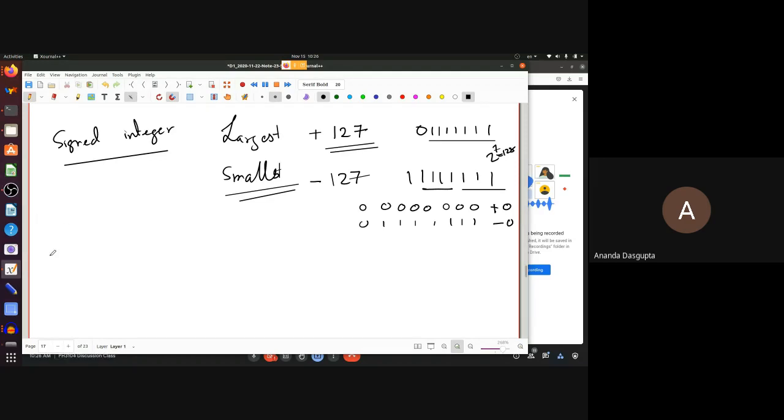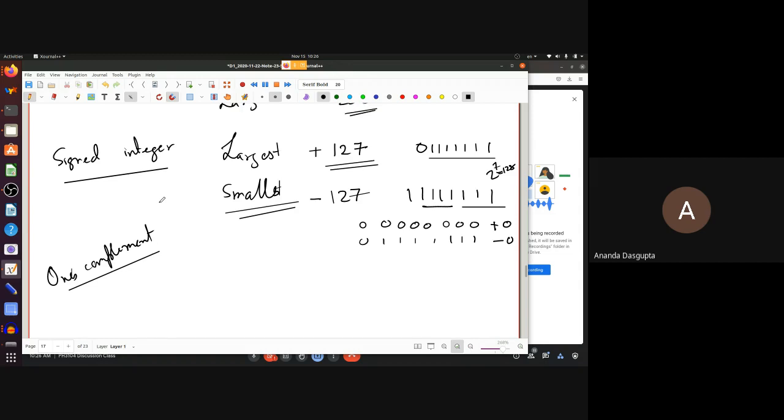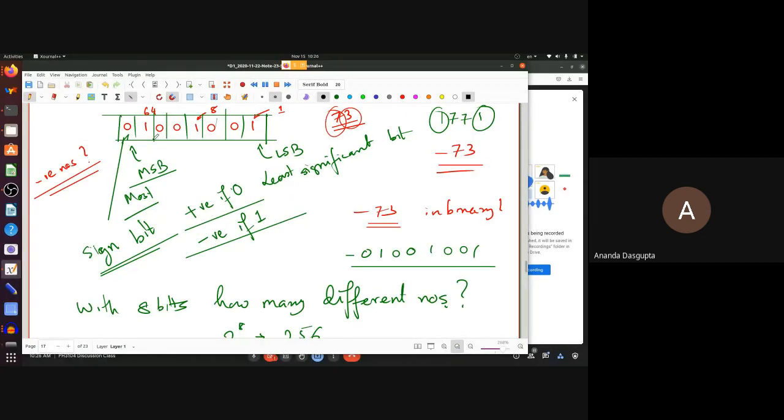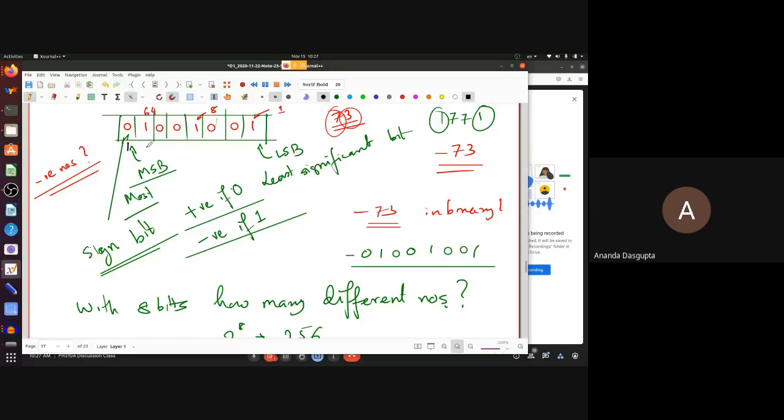Next thing that you could do is use what is called a ones complement, which is exactly the output of the XOR, the controlled inverter that we talked about a while ago. Ones complement is simple. A negative number in the ones complement version is represented by the ones complement of the number, which simply means take all the zeros, change them to ones, and all the ones to zeros.